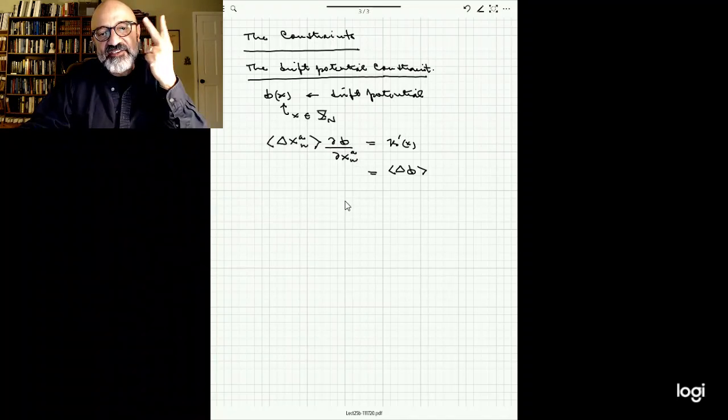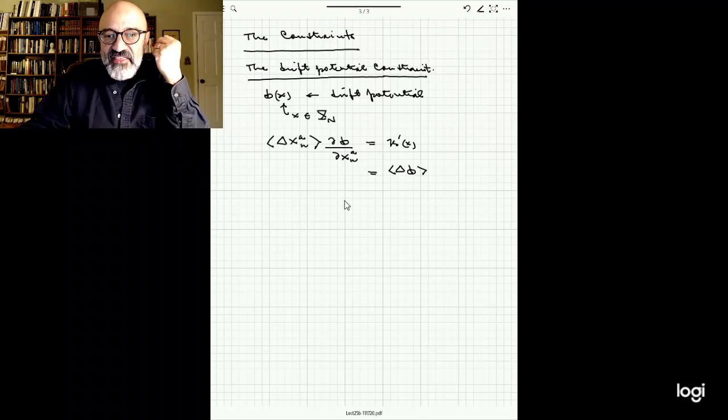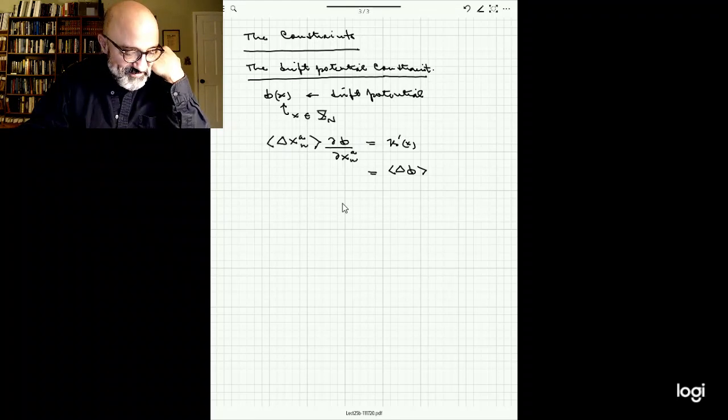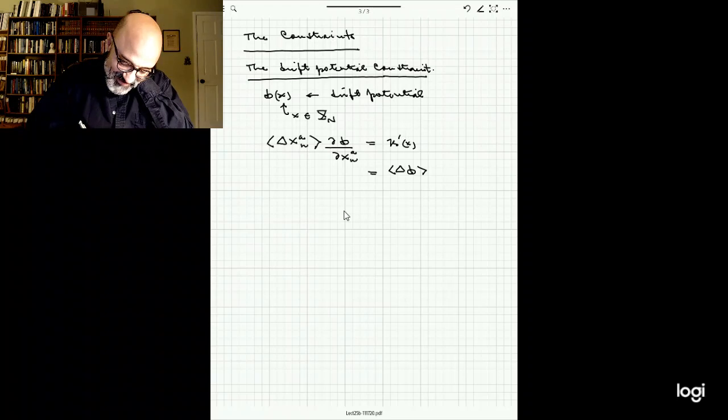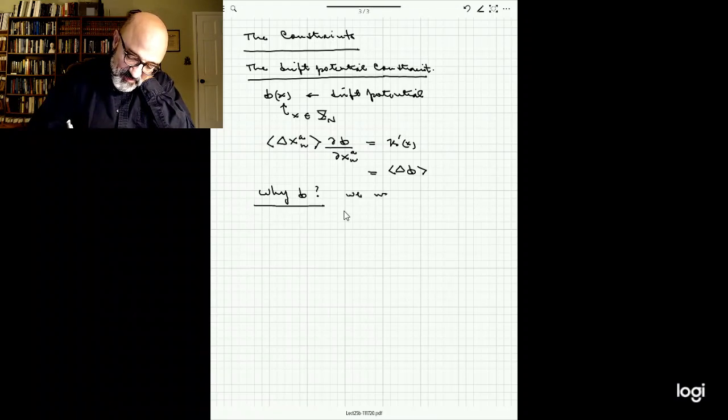So that's explanation 2. Then there is a third explanation that I find particularly convincing, even though it is a little bit too mathematical. The idea is we want a flow, an evolution of rho.